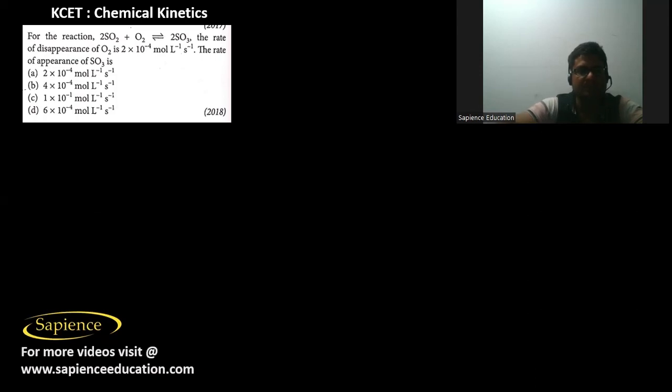Then for the reaction 2SO2 plus O2 gives 2SO3, the rate of disappearance of O2 is given, then the rate of appearance of SO3 is asked.